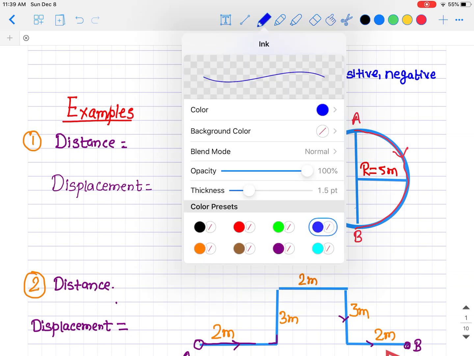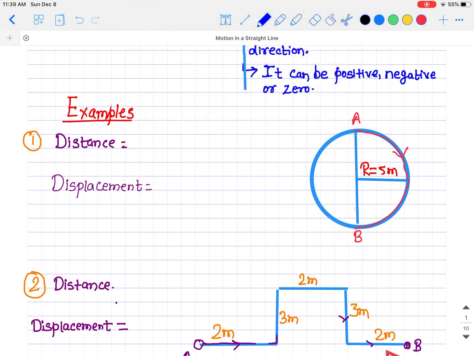If I need to write it down, it is 2 pi r divided by 2. The 2 pi r is the total circumference, and as we have moved only half of it, it is divided by 2.